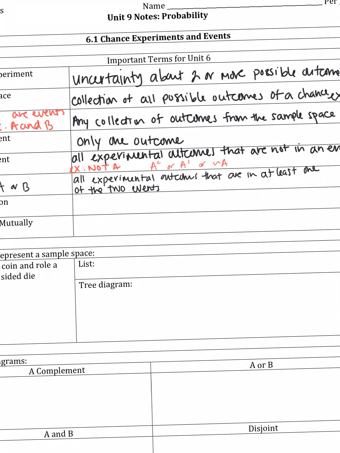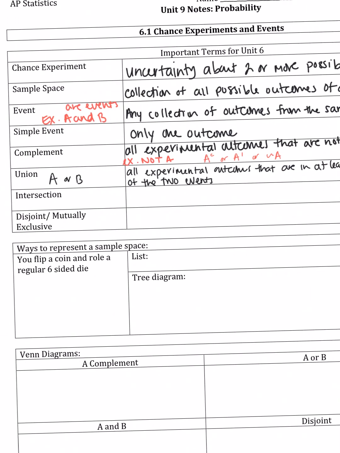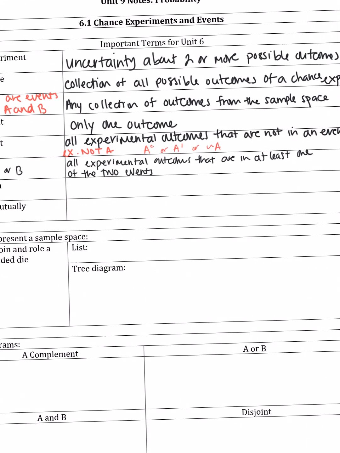So this is our or situation. We have something happening in A or B. And the notation for union looks like a little upside down U. This means A or B.